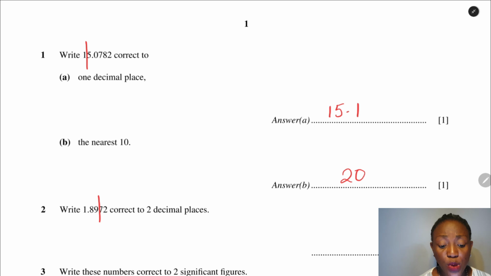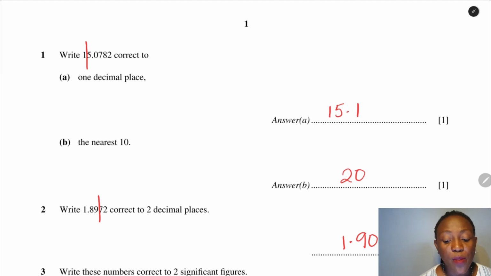But that poses a problem because we already have 1.89. So if we're going to round up the 9, it becomes 10. We write 0, we carry 1, and then it becomes 1.90.